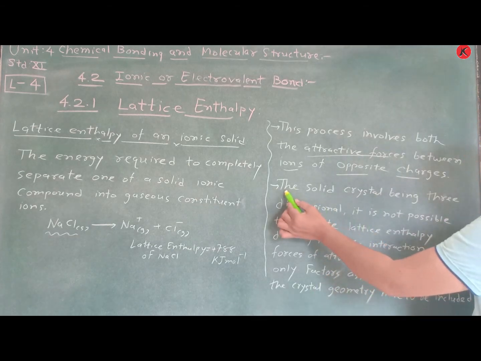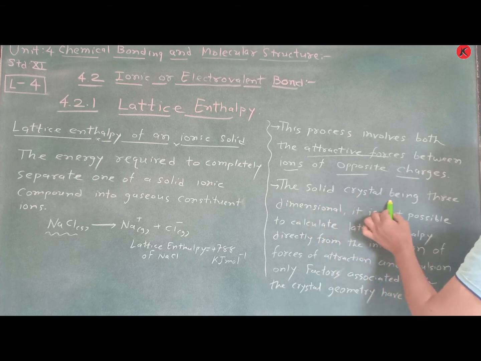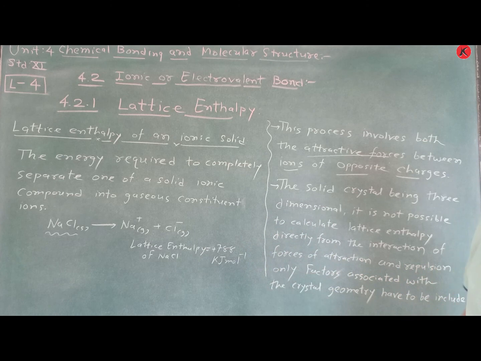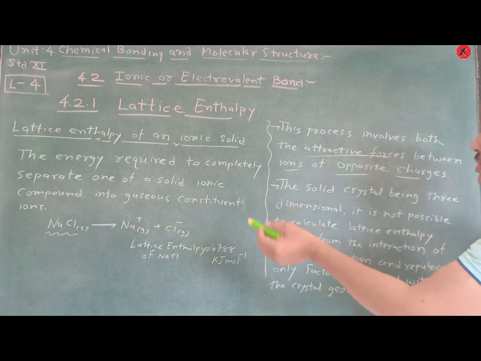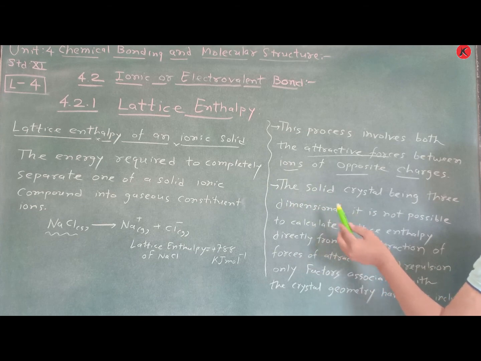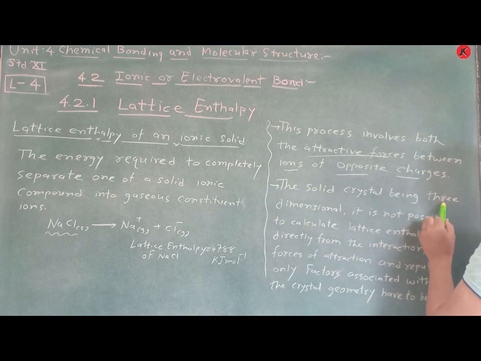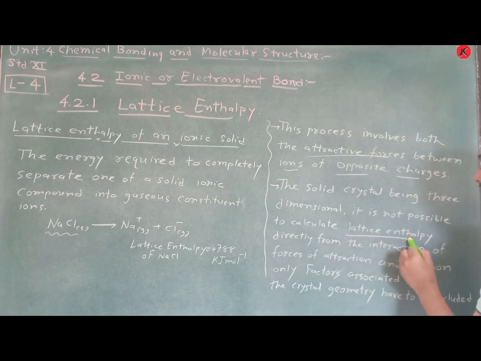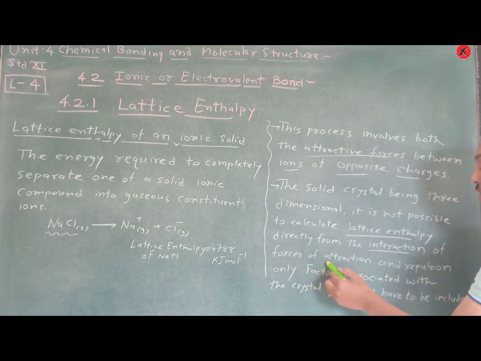According to that, the solid crystal being three-dimensional, that is the NaCl structure we saw in an earlier topic, it is not possible to calculate lattice enthalpy directly from the interaction of forces of attraction and repulsion only.